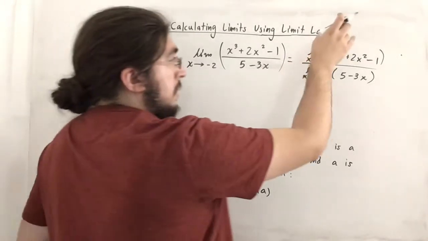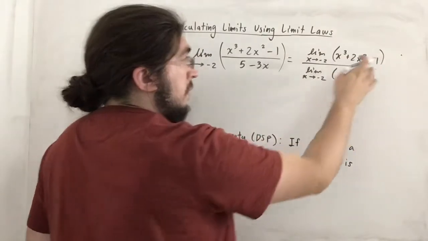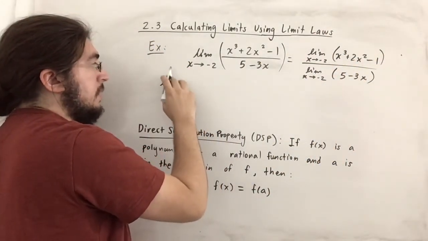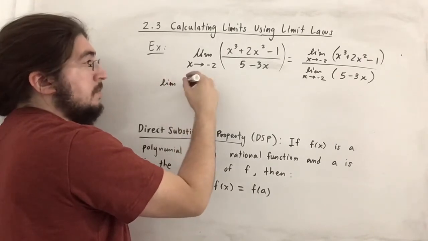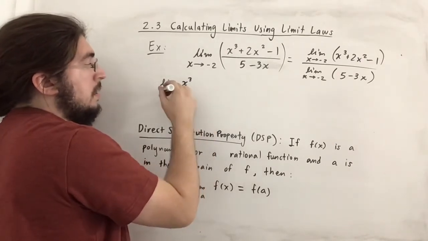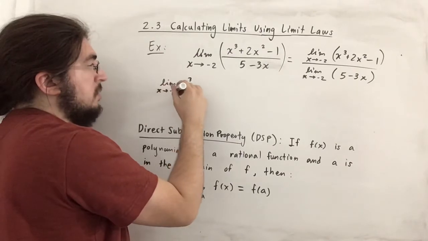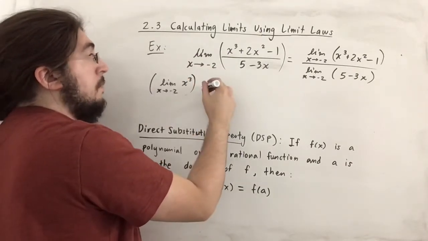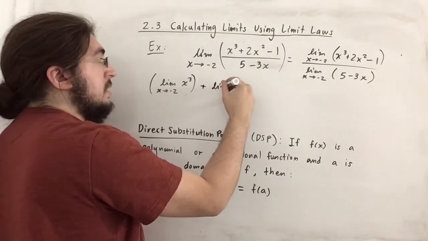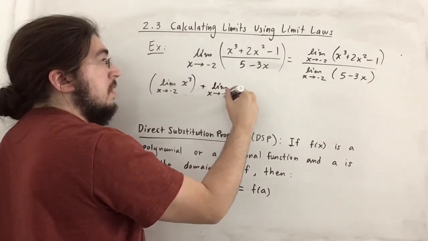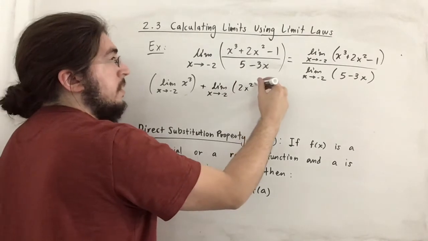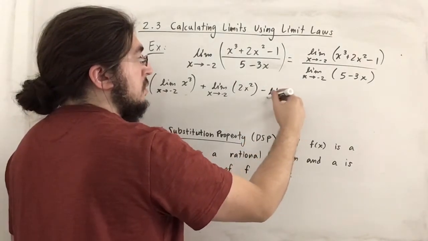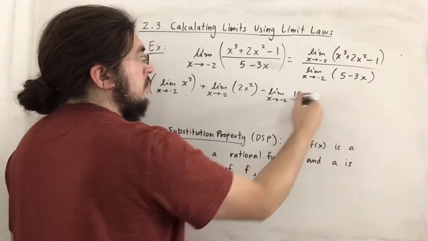So I'm going to take the limit of each term of this numerator using essentially the addition and subtraction limit laws. So there's going to be limit as x goes to -2 of x to the third plus limit as x goes to -2 of 2x squared minus limit as x goes to -2 of 1.